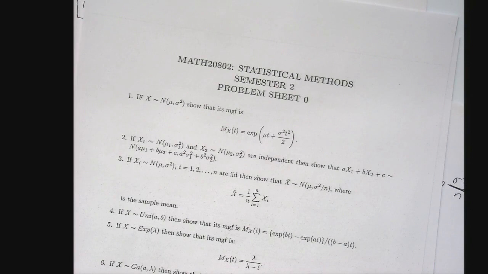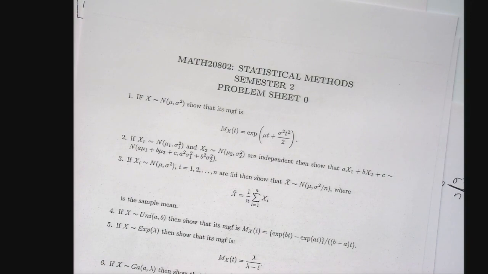All right, guys. You know the uniform distribution that has the PDF given by this when x is between a and b. The question here is to find the MGF. This is pretty trivial, actually.